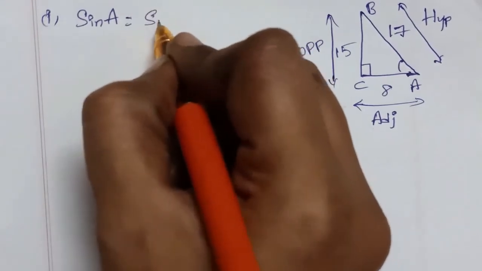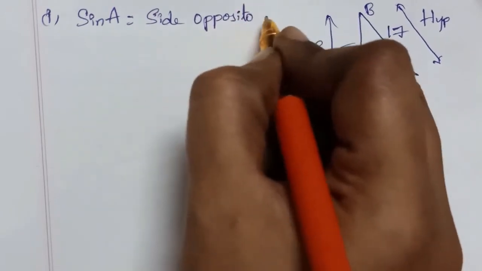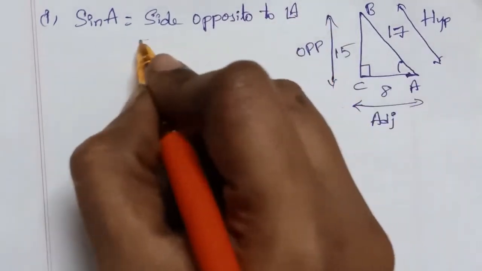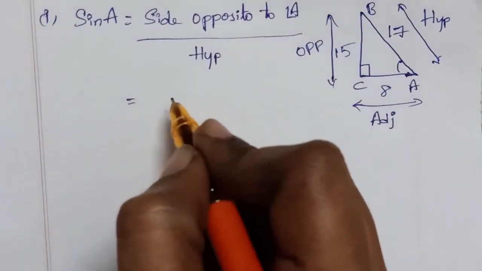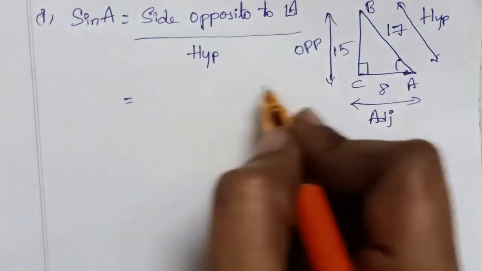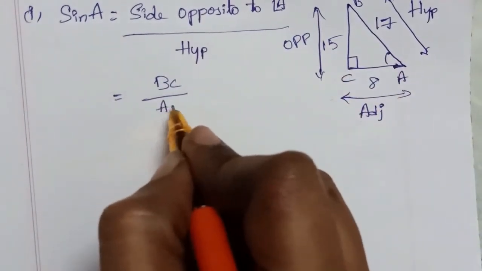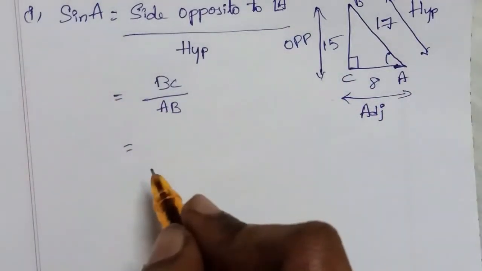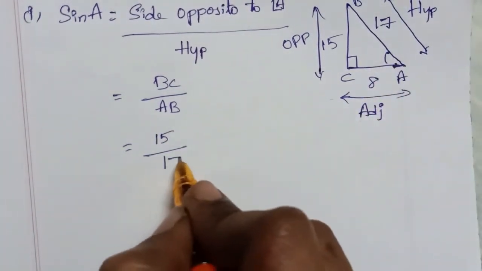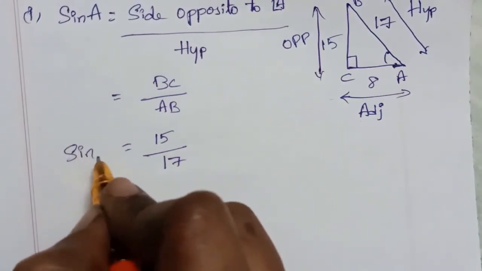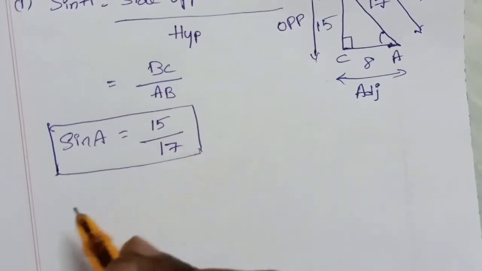Sin A is equal to side opposite to angle A by hypotenuse, is equal to side opposite to the angle BC by hypotenuse AB. BC length is 15 centimeters and AB length is 17 centimeters. Therefore, sin A is equal to 15 by 17.